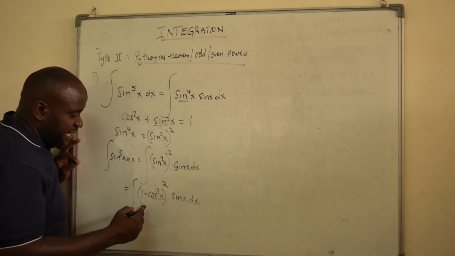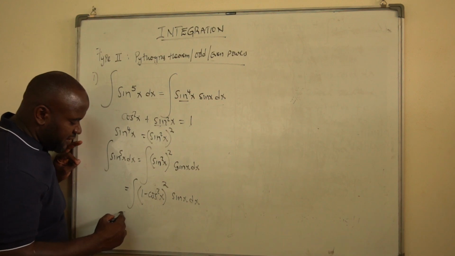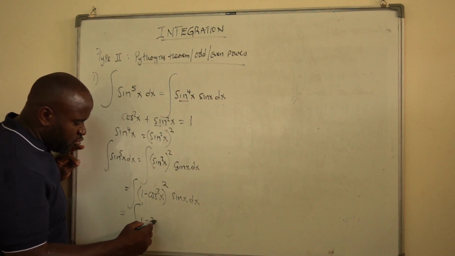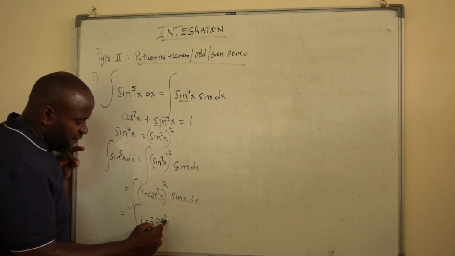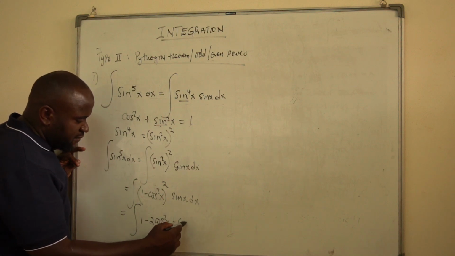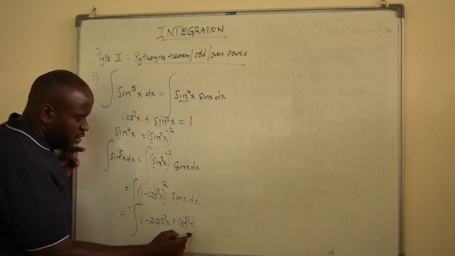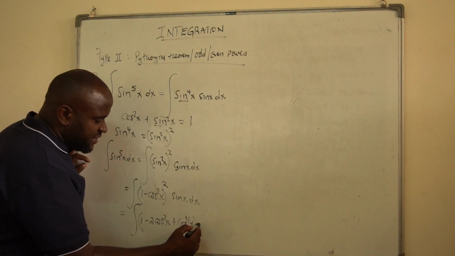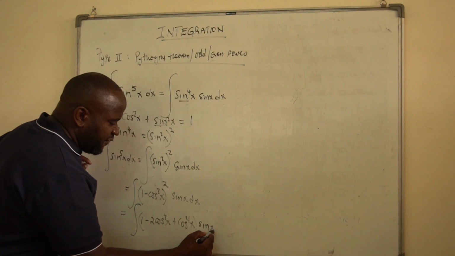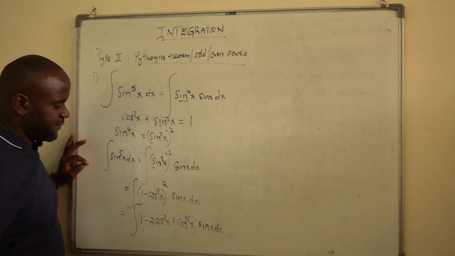It is from here that I can expand and I'll realize the following. Integral of 1 minus 2 cos squared of x plus cos to the 4th of x, close brackets. The whole of this has a bracket of sine of x dx outside.